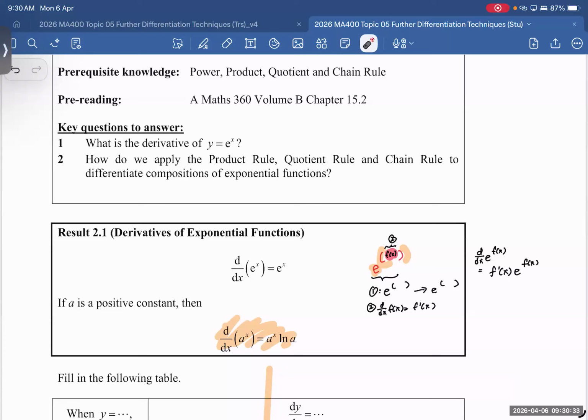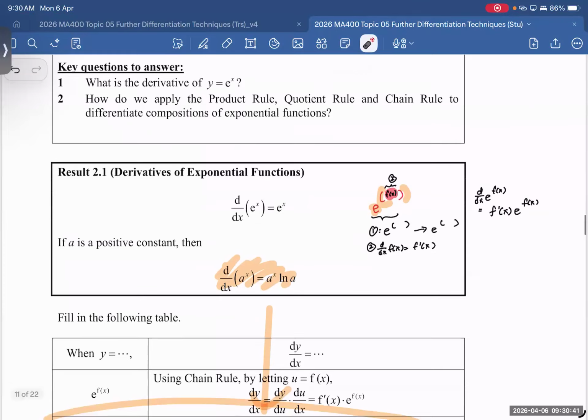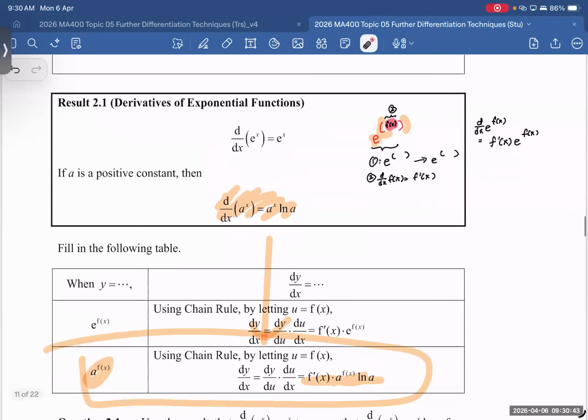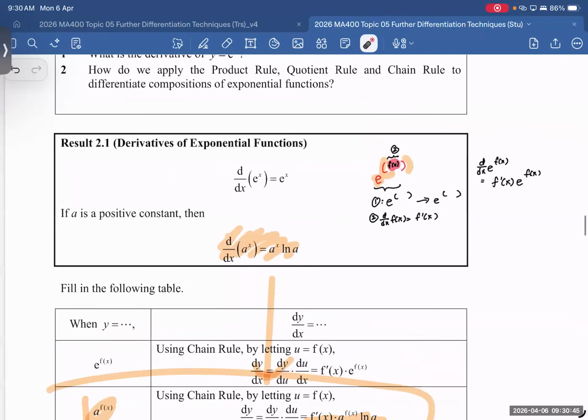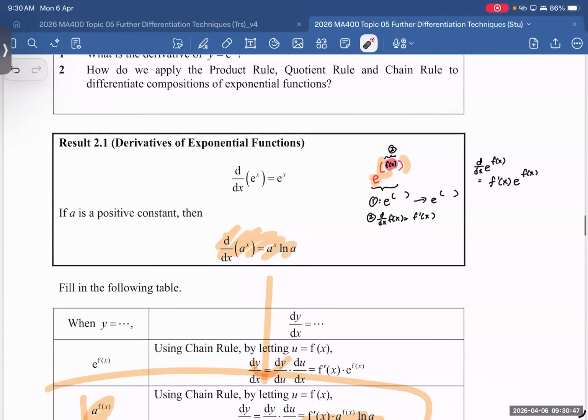This is the Euler number. a power x, 3 power x, 7 power x are all exponential functions. Now, nobody is going to test this one.